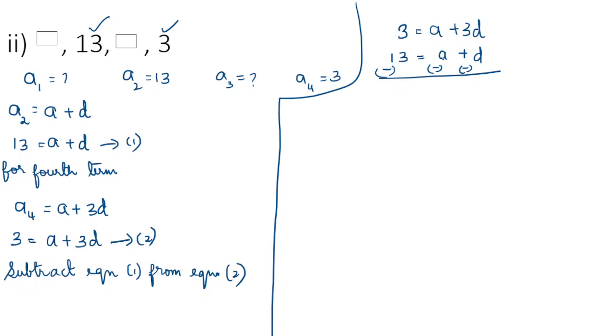The second equation whichever we are writing, we have to change the sign of it. So plus A minus A get cancelled. 3 minus 13, answer is minus 10, is equal to 3D minus D.